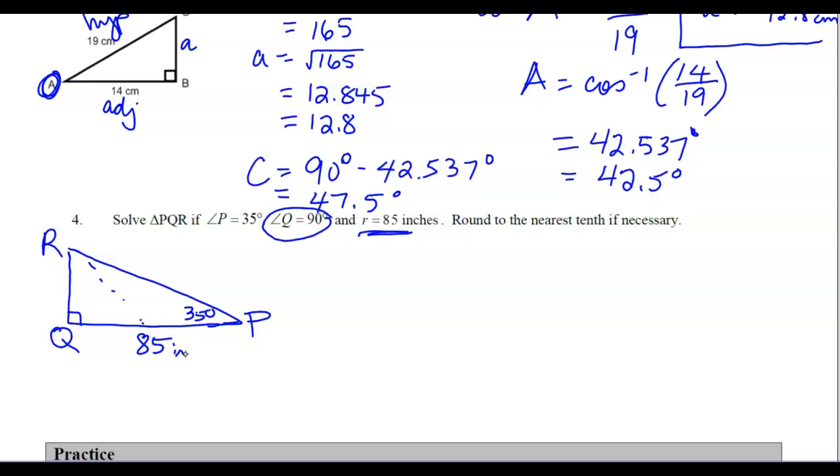All right, so the last question we did had two sides. This one has one side and one angle. Okay, so I'm going to maybe make this angle just a little smaller.